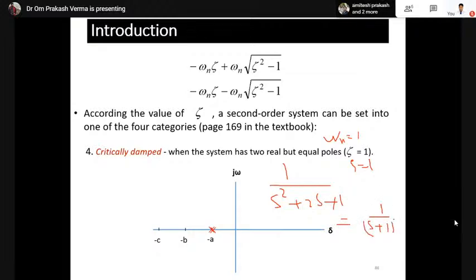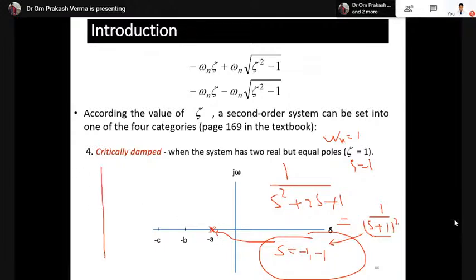When you solve this you get two poles, s equals minus 1 and minus 1, shown here. So this is a double pole on the left hand side of the complex plane.